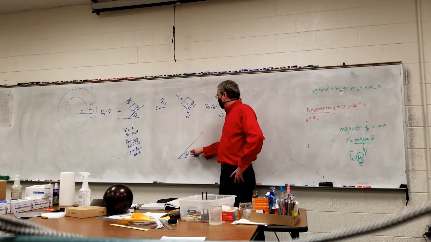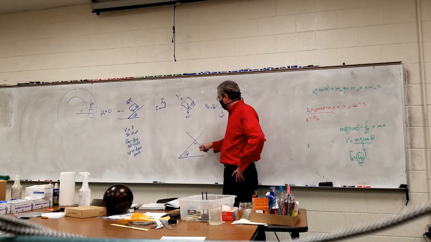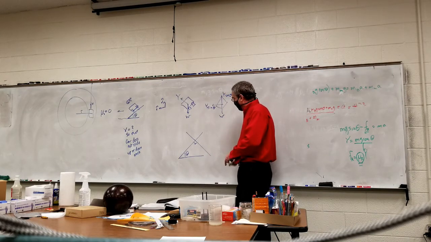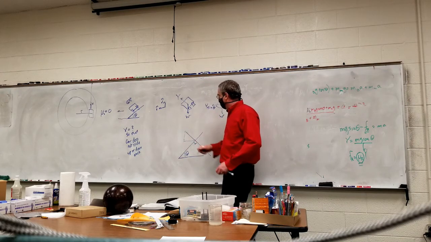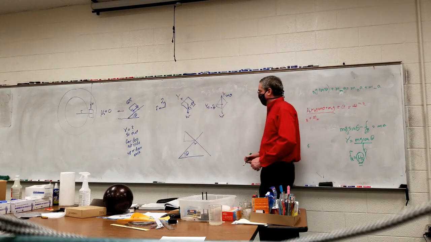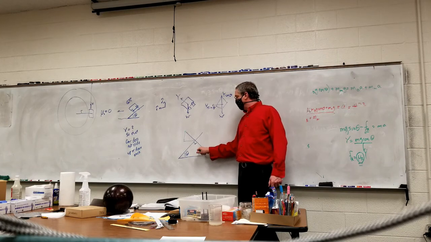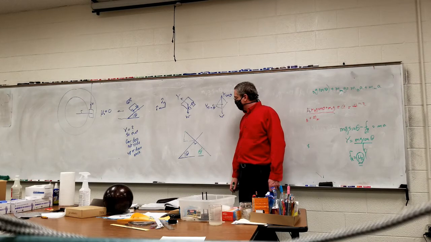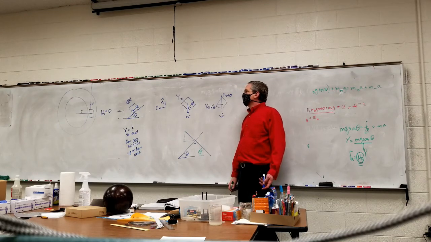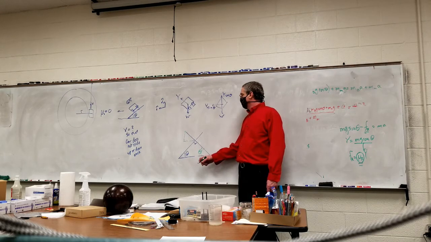So some angle theta here. My normal force is this way. I go ahead and extend that. That's a right angle. I'm breaking this up into perpendicular components. If this is theta here, this angle right here would have to be the complement. I have two parallel lines cut by a transversal, blanking on the language that I learned 40 years ago.